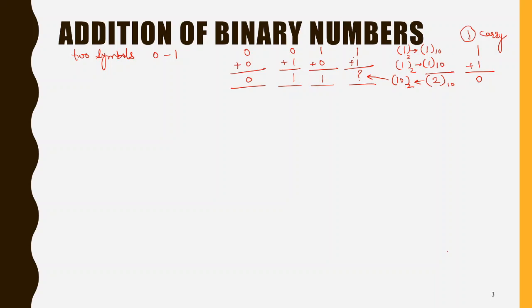So let us understand this with the help of one example. Suppose I want to add these two binary numbers.